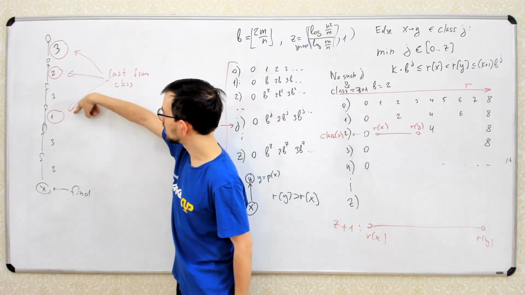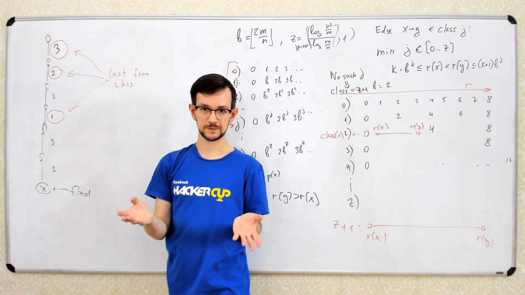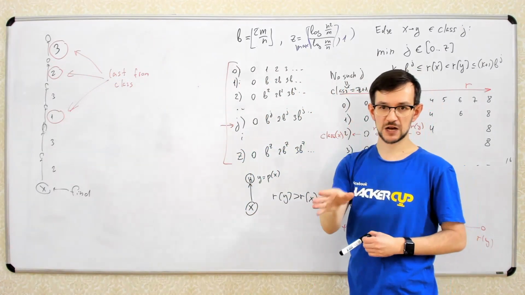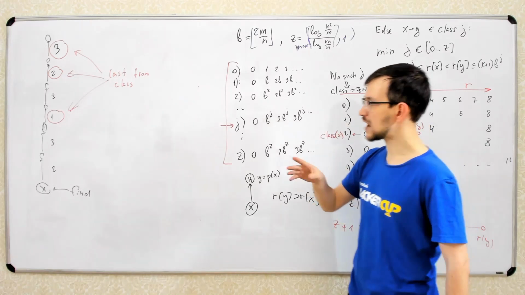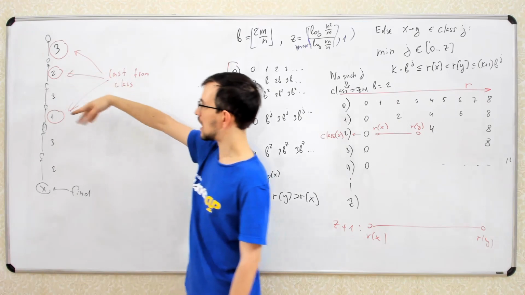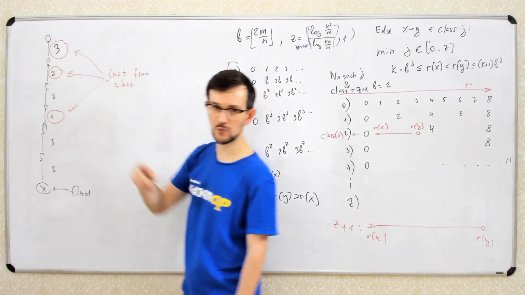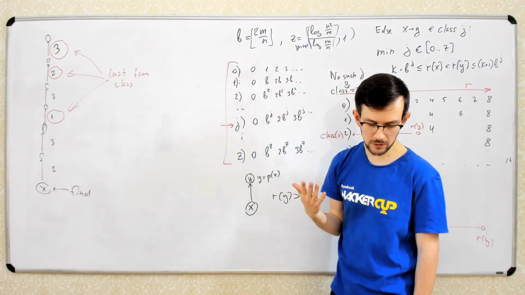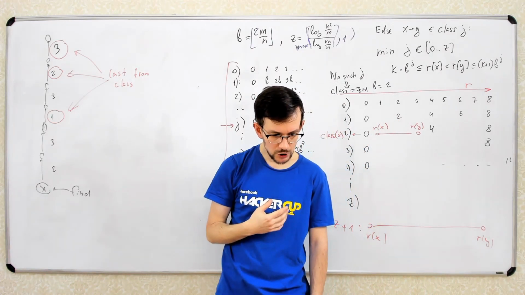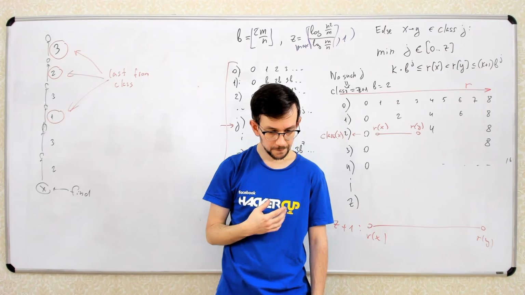Let's look first at the last edge from each class. Let's calculate these edges first. How many edges on this path are the last edges from the corresponding class?